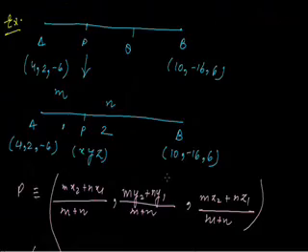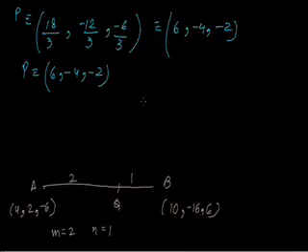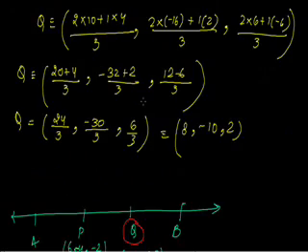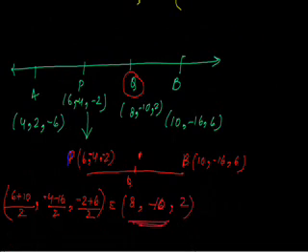And next, we found the coordinates of the points P and Q, which trisect the line segment joining A and B. We found the coordinates of the point P as 6, -4, -2, and for Q we got 8, -10, 2.